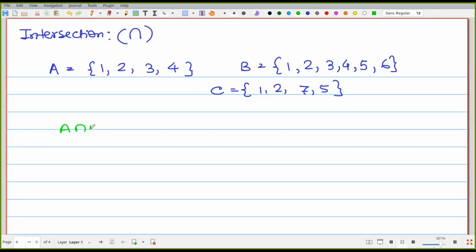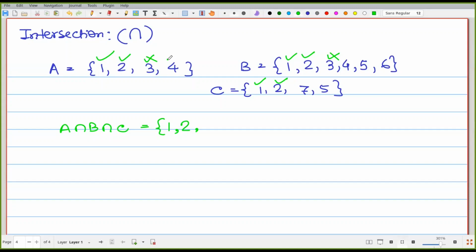So A intersection B intersection C: common 1, 1, 1, so we can write 1 here. Then 2, 2, 2, so we write 2 here. Then 3, 3, but 3 is not present here, so we remove 3.